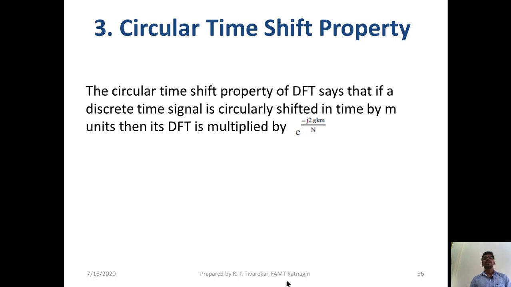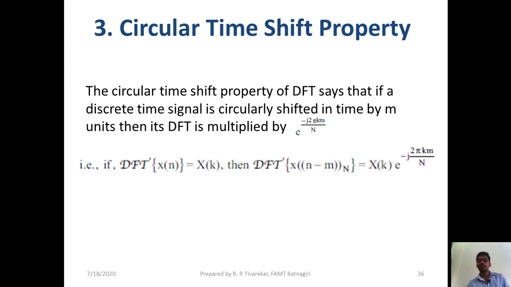Now we'll see the circular time shift property. If we time shift circularly by m units, then the corresponding DFT will get multiplied by e raised to minus j 2 pi k by N into m.